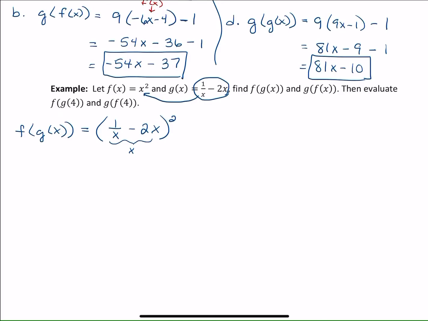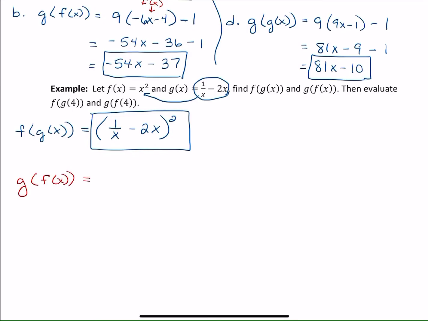Now, you can leave it like this, or you can go ahead and FOIL it out, but it's kind of a mess to FOIL. So I'm perfectly fine with you leaving it in that form. If you want to look at my notes, I showed it FOILed out, but it's fine to leave it like this in your homework. So let's look at the next one, the g of f of x.